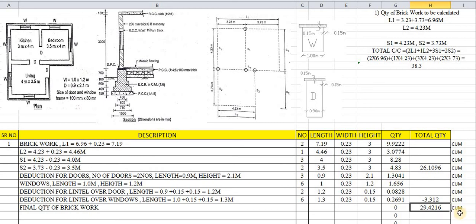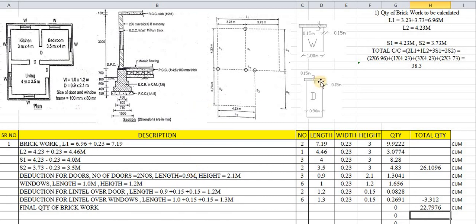So we have used the minus sign. 22.7976 is the final quantity. 26.1096 minus these deductions for doors and windows and lintels, the quantity comes to be 22.7976. So in this way we have calculated the quantity of brickworks.